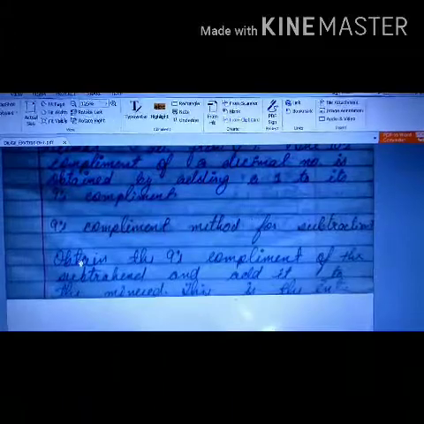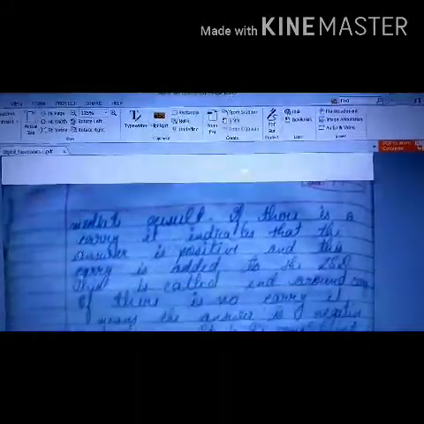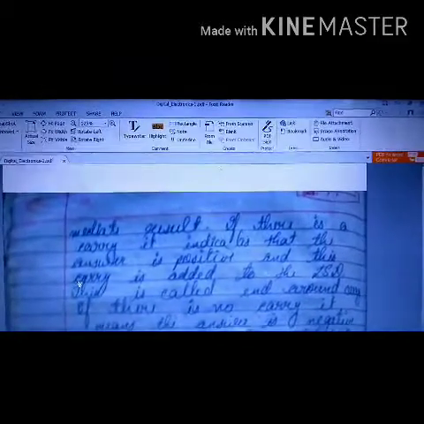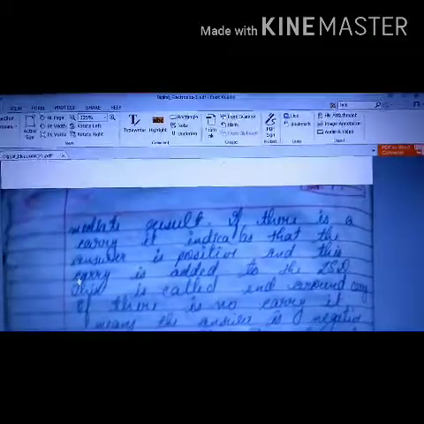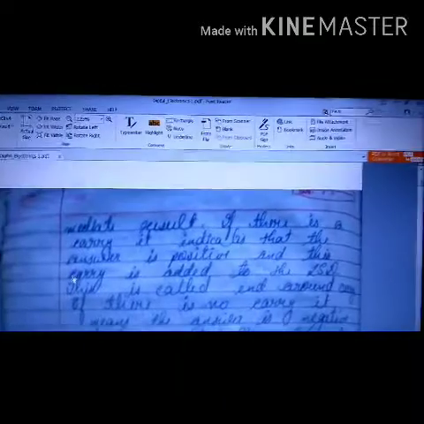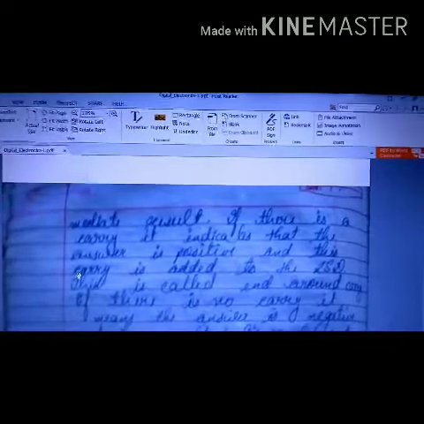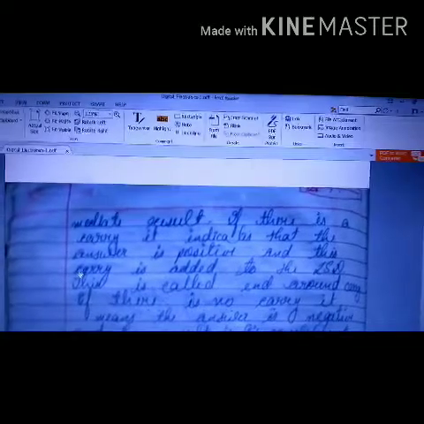This gives the intermediate result. If there is a carry, it indicates that the answer is positive, and this carry is added to the LSD. LSD here is the least significant digit.